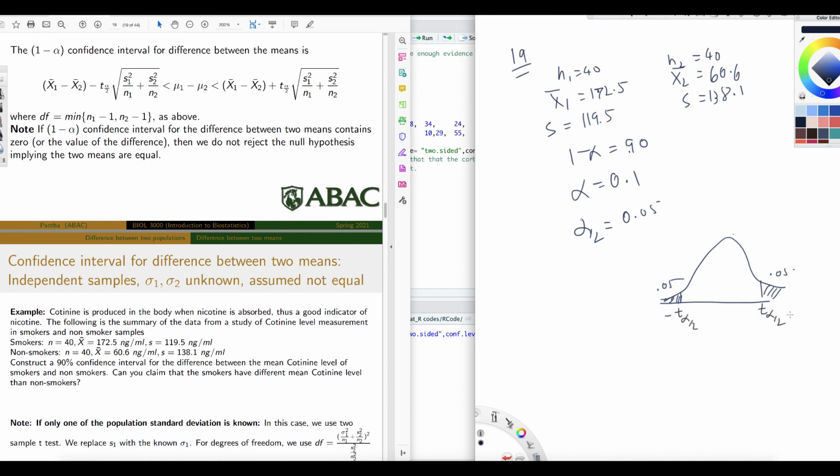Because sigma 1 and sigma 2 are not known. That's why we use the T test and denote it by T alpha half. So how do I find out negative T alpha half? Negative T alpha half will be QT. So QT of 0.05, and the degrees of freedom, both of them are 40, right? So it will be 39. The smaller one minus one will be 39. So you can do it that way and find the critical value.